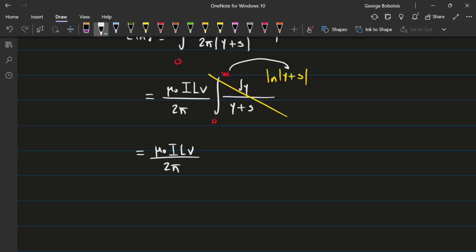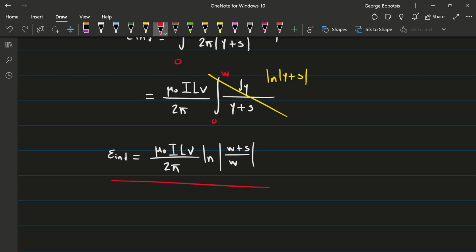You plug in the W, you get ln of W plus S minus ln of S. So it should look like ln of (W plus S) over S, if you put it all together. And that should be the EMF that you generate as you move the loop north.